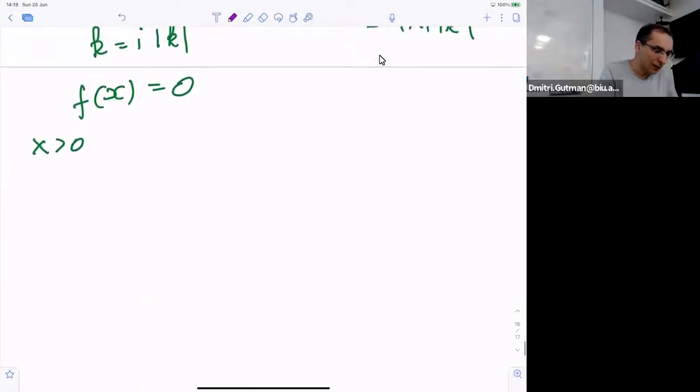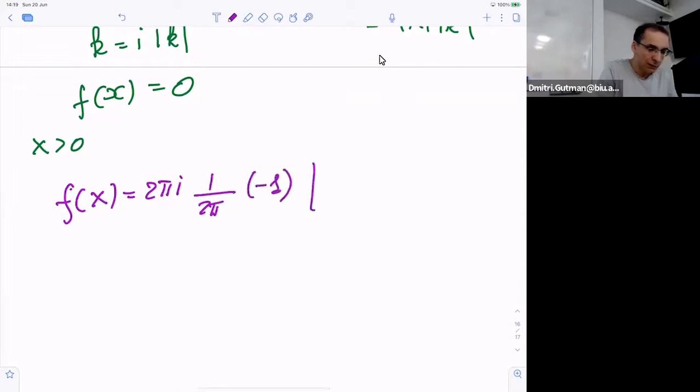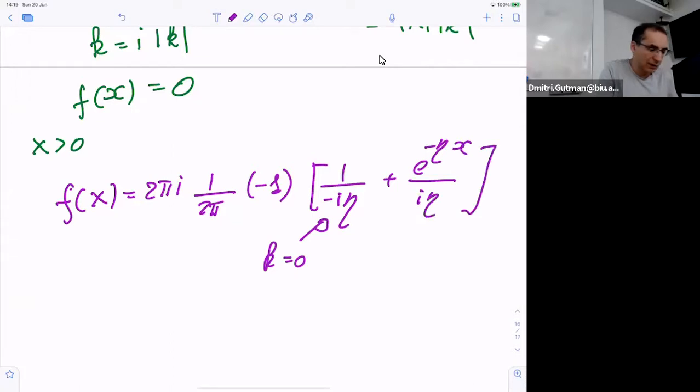And therefore I'm getting a result which looks like f of x is 2 pi i, counterclockwise, times 1 over 2 pi, and here I'm getting 1 over minus i eta. This is from the k equals 0 pole, plus e to the minus eta x over i eta. This is from the k equals i eta pole.